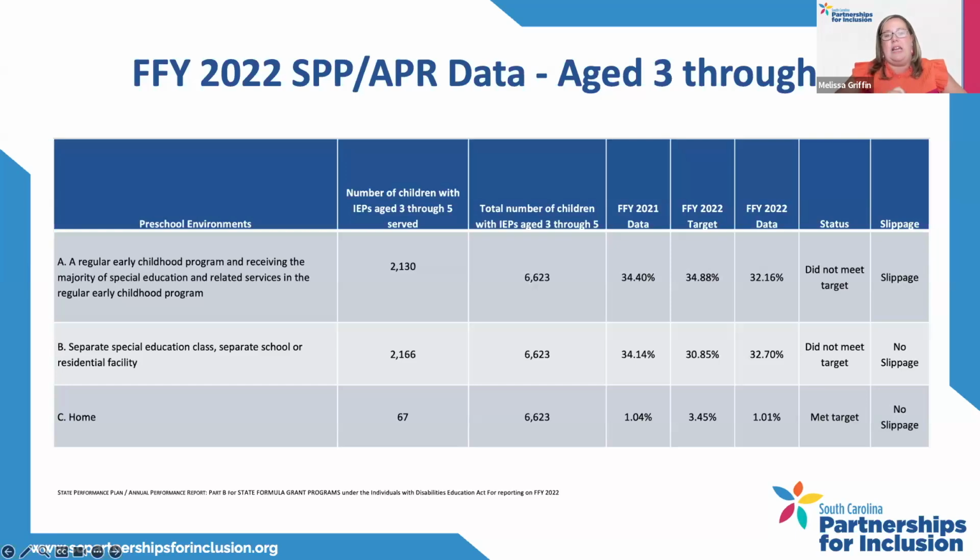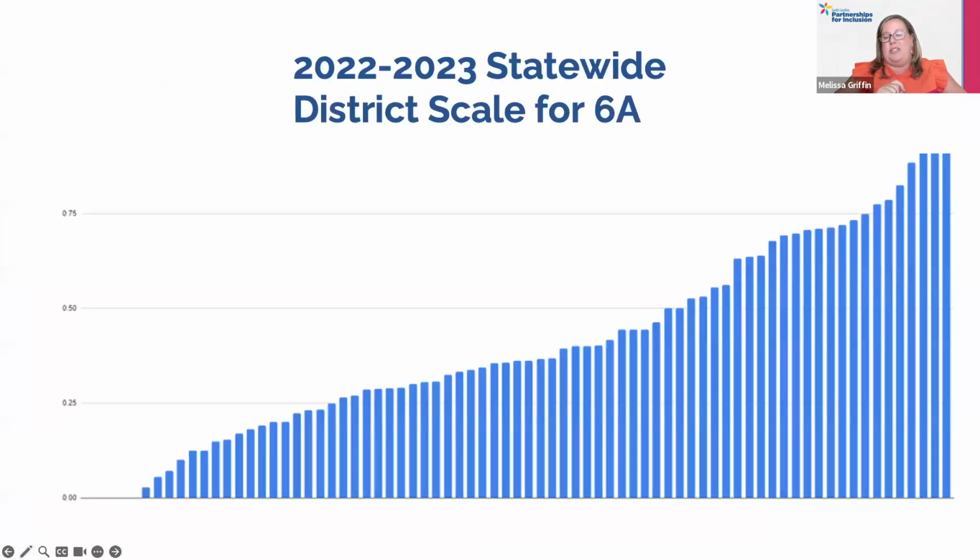So let's look at districts. We took the districts throughout the state and put them in a graph so that you can see. Keeping in mind that 32% is South Carolina as a whole, let's look at this variation here.